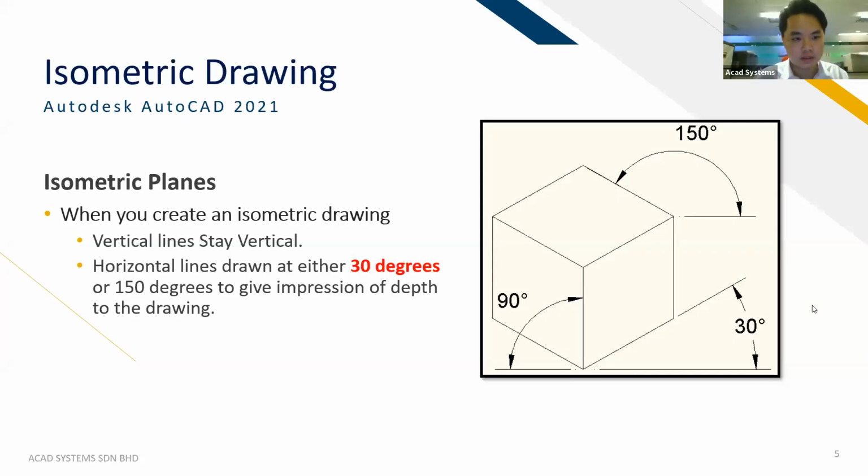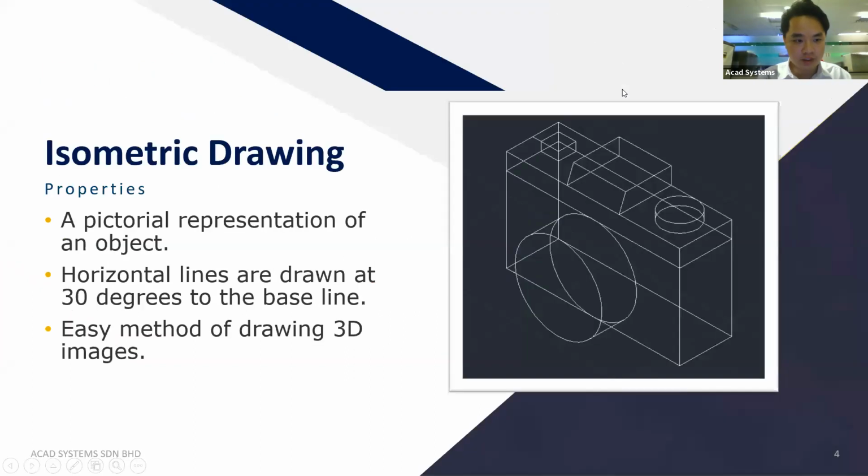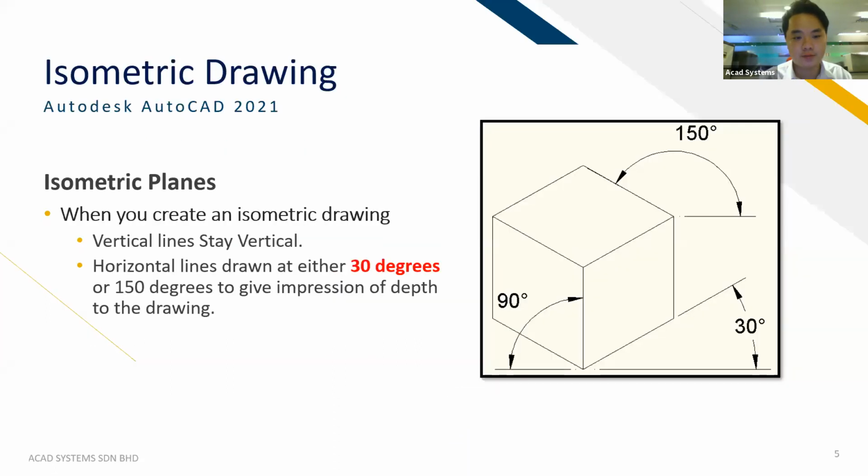Okay, sorry. Now I will start again. The isometric drawing definition is a pictorial representation of an object, and its horizontal lines are drawn at 30 degrees to the baseline. And this drawing is one of the easy methods of drawing our 3D image.